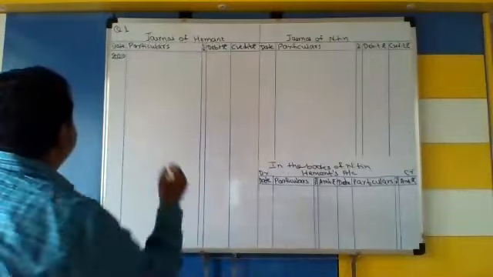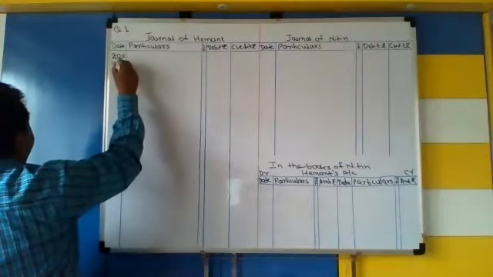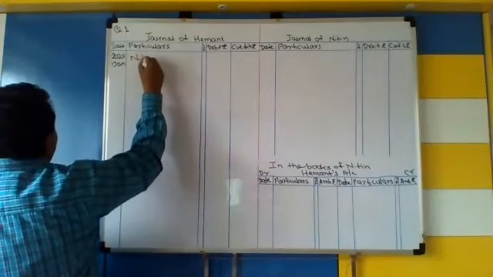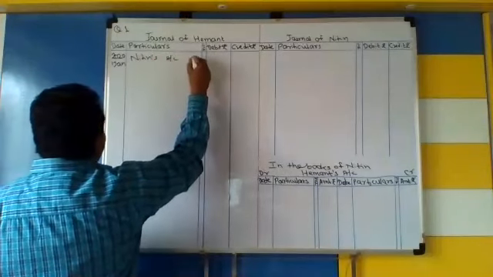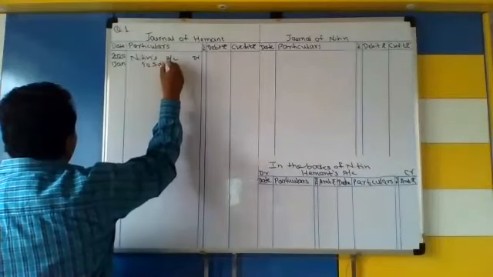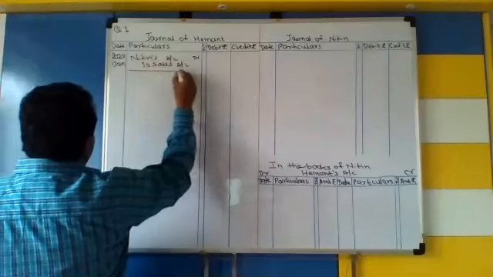Okay. So January 2020, entry for goods sold. It is sold to Nitin, so Nitin is the receiver. Nitin's account debit to sales account. So this is journal entry number 1.